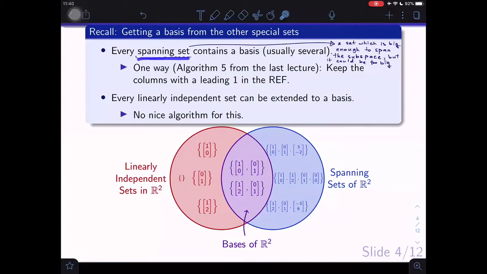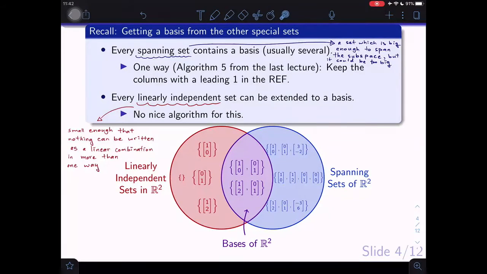A spanning set is a set which is big enough to span the subspace, but it could be too big. The number of vectors may be more than the dimension of the subspace. We have an algorithmic way to get from a spanning set to a basis. We concatenate the vectors in the spanning set, row reduce to a row echelon form, and keep the original vectors corresponding to the columns with a leading one.